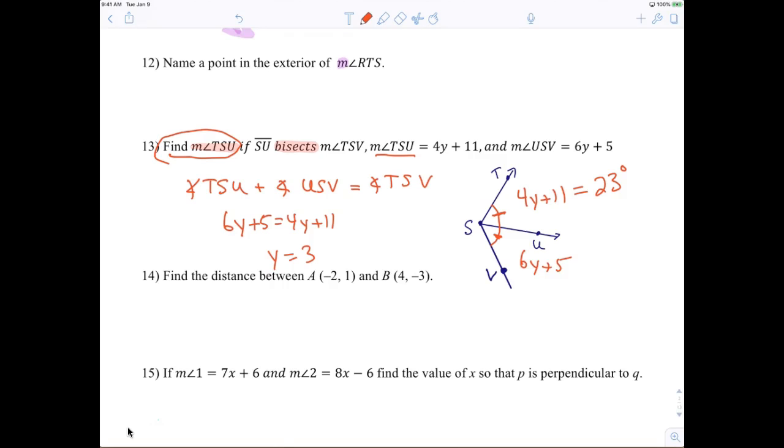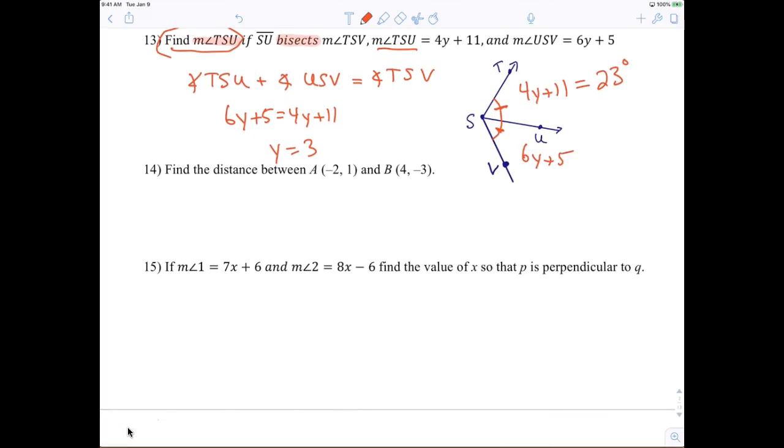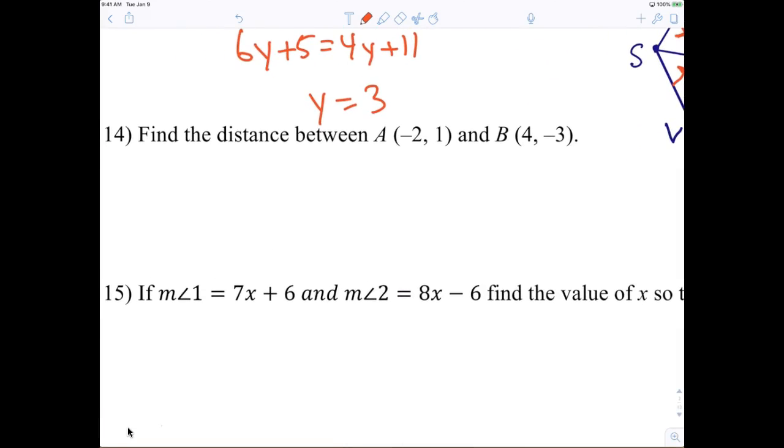All right, very easy. Now the distance formula. Does anybody remember the distance formula from last year? Distance is equal to what? That would be slope. Distance formula, let's do it: x2 minus x1 squared plus y2 minus y1 squared.